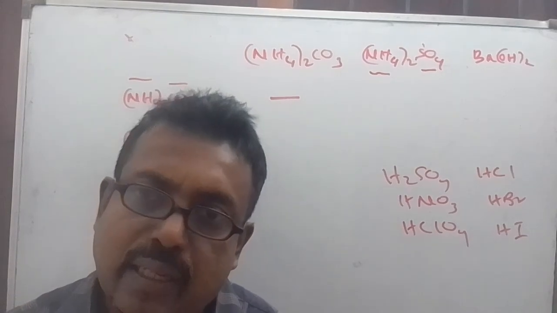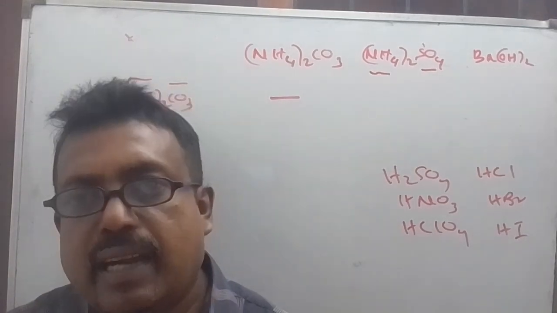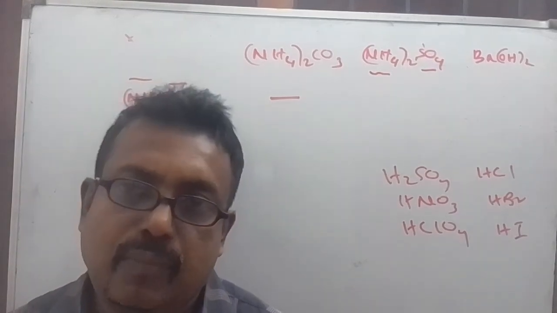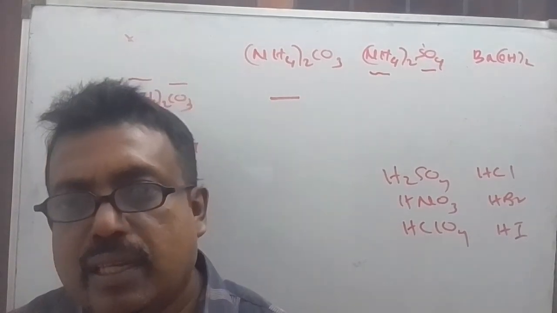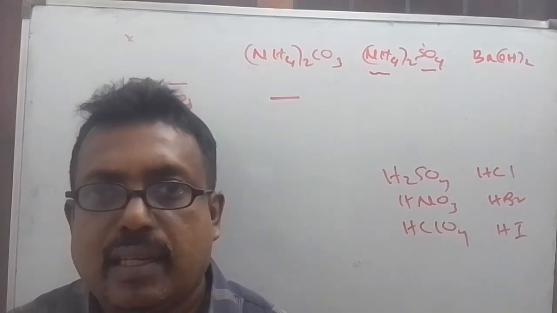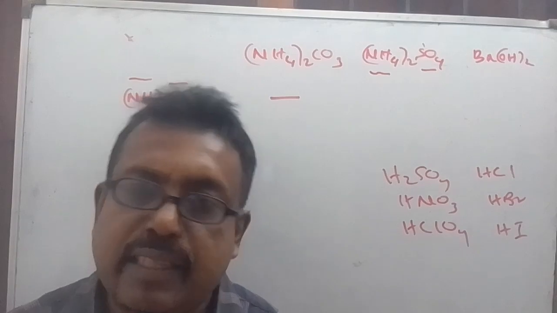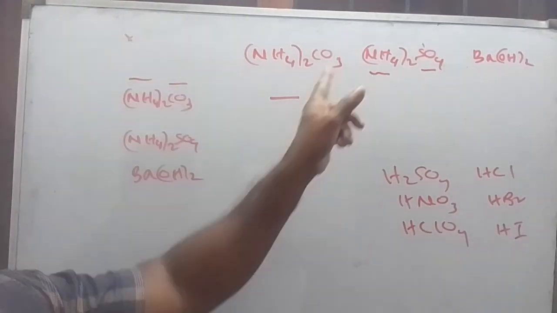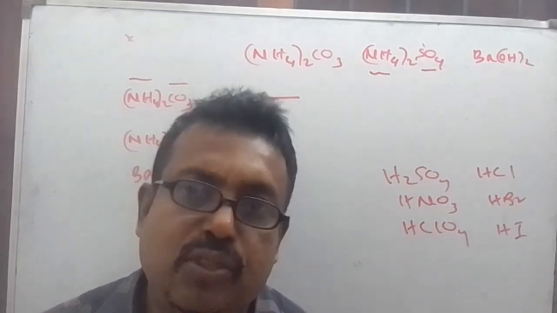Salts of weak acids and strong bases show basic character. Salts of both strong acids and strong bases do not show either acidic or basic character. They are neutral solutions. So ammonium sulfate is an acidic solution.